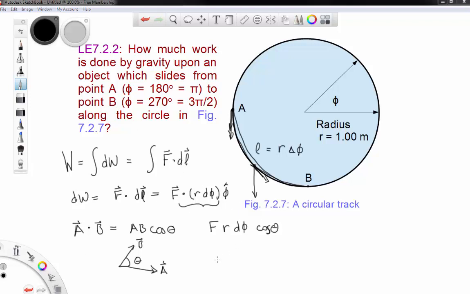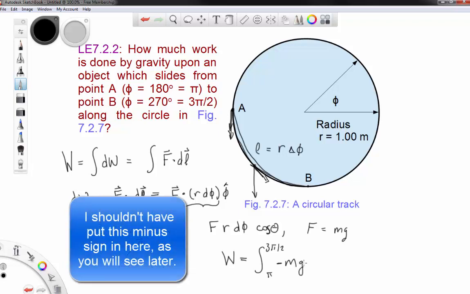So therefore our integral, given again that the force is the mass times free fall acceleration, looks like work is the integral, limits are from pi to 3 pi over 2, and what's inside the integral basically is going to be m times g times r times cosine of theta d phi.